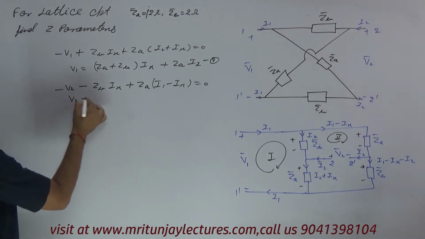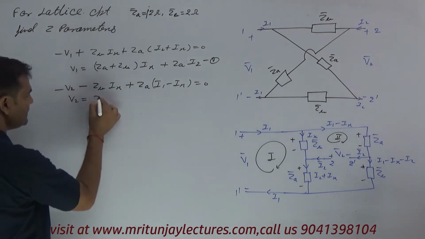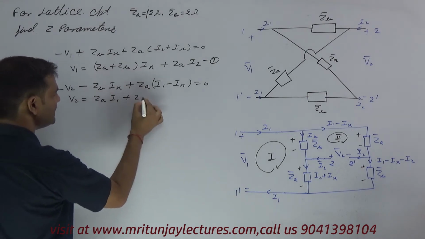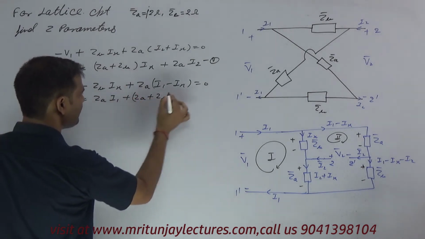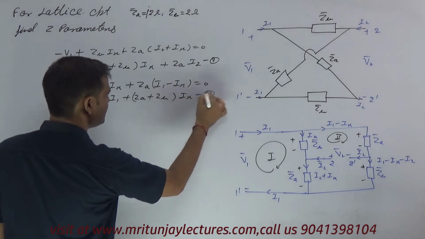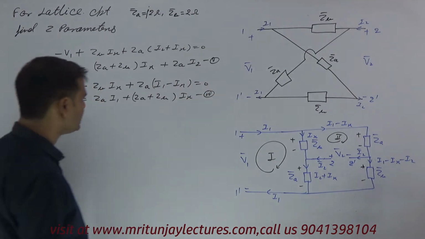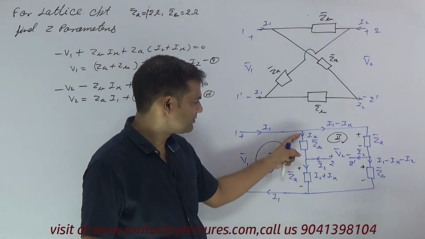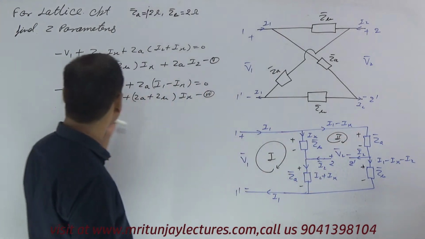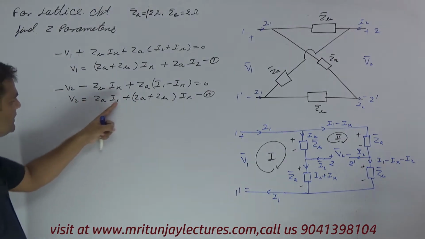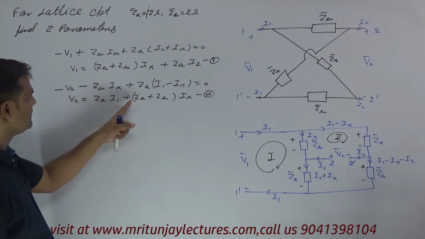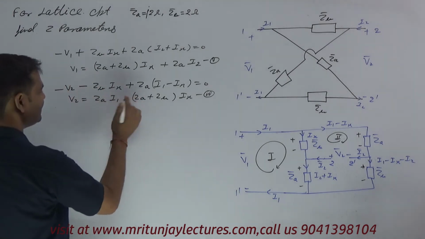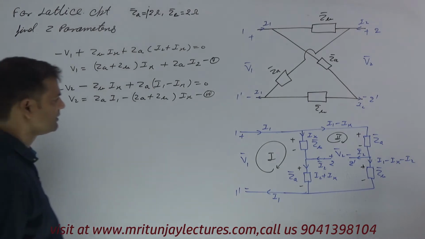So V2 is written as ZA into I1 plus (ZA plus ZB) into Ix. That is equation number 2. Clear or not? Very simple. Finally we got ZA into I1, and if V2 goes to the other side, then it is minus. Very simple.